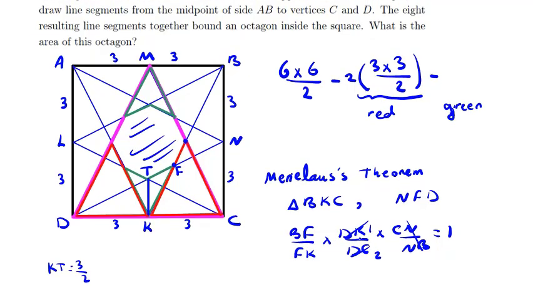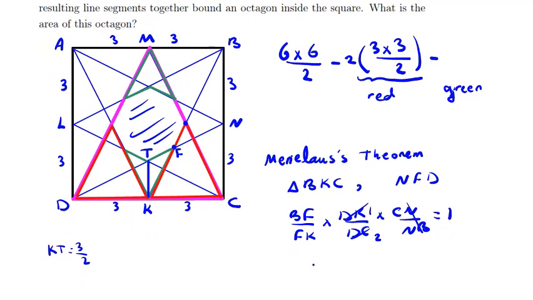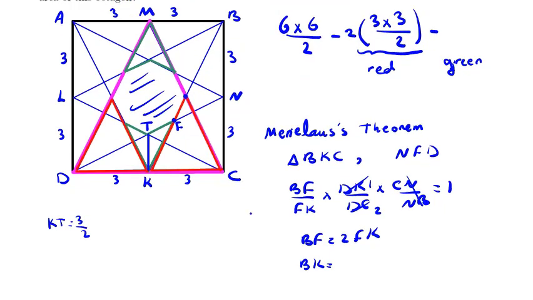We want to find KF, so BF is 2FK. We know BK by the Pythagorean theorem: BK squared is 6 squared plus 3 squared, which is 36 plus 9, 45, so BK is 3 root 5.